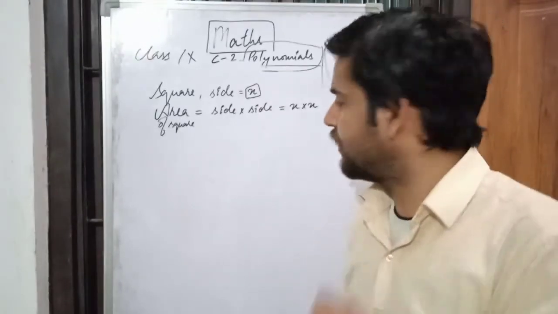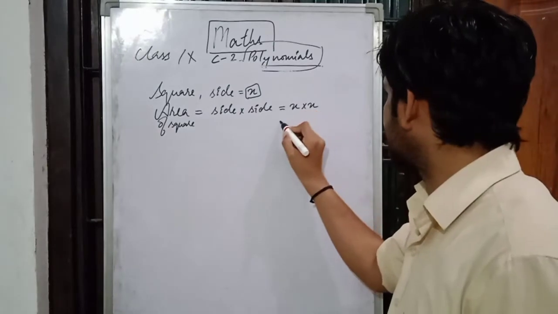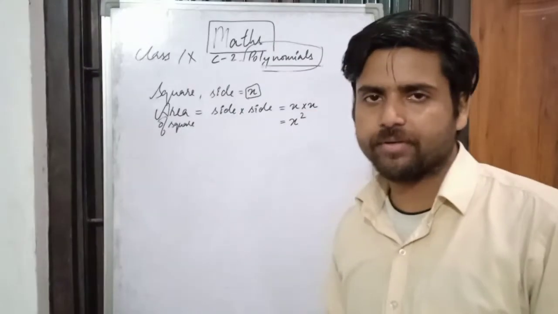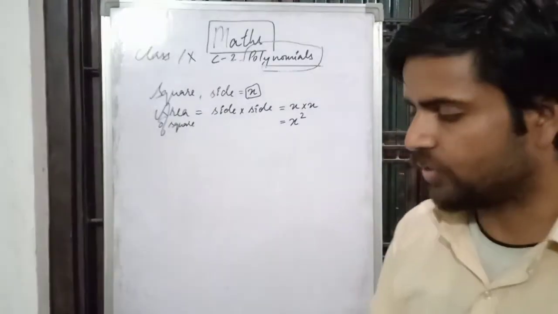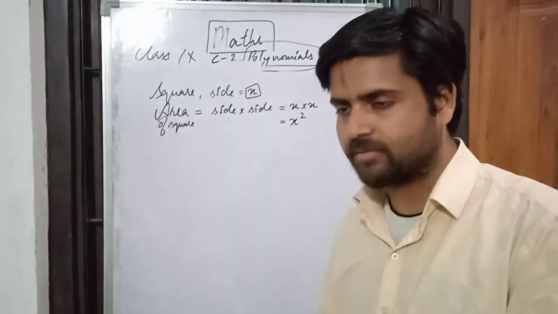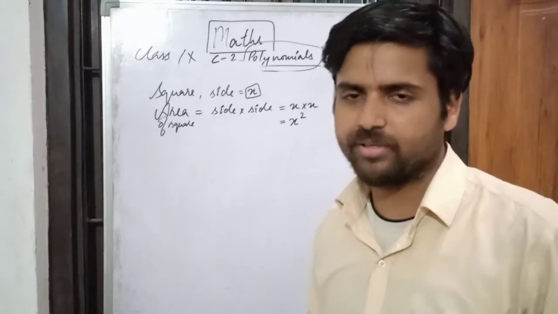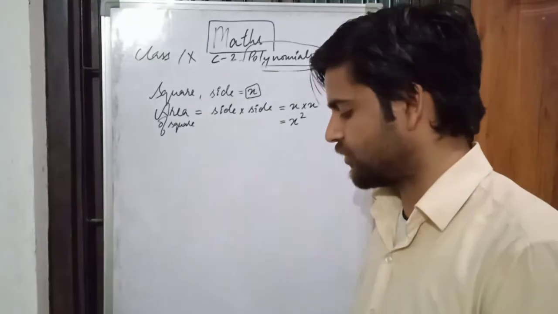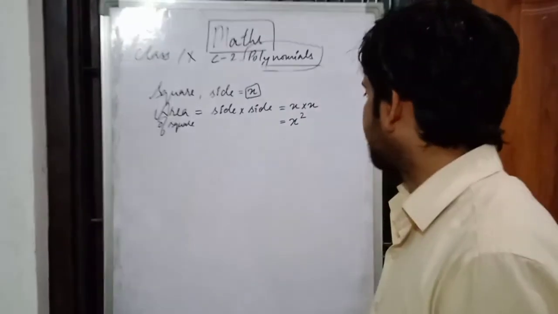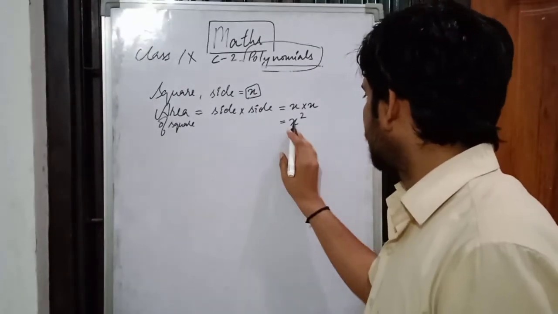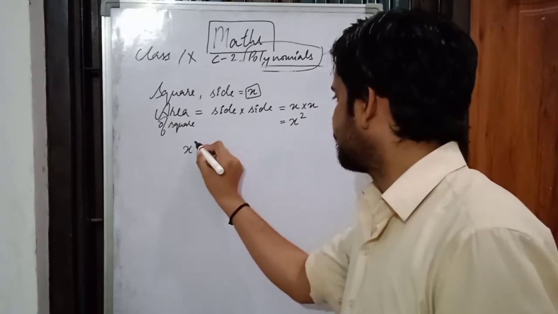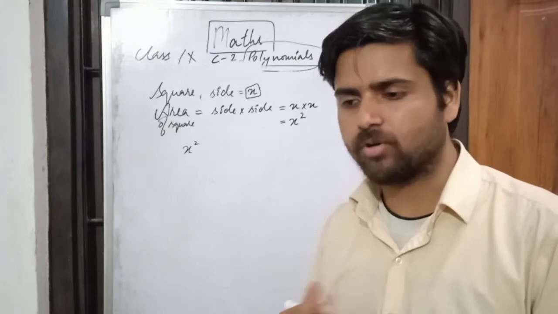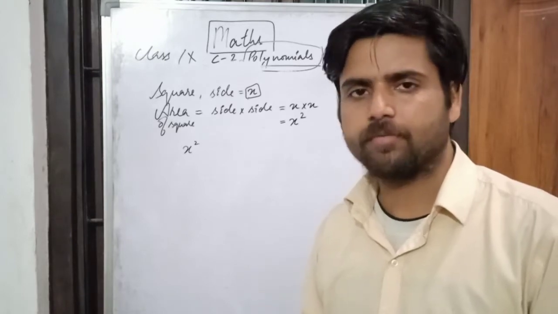So now here can we write x into x as x to the power 2? Obviously we can write. If you don't know, then please go back to class 7 books or you can search on the net. I'm not going to go into that detail. Exponents we have done so many times. Alright. So this x square, you can call it a polynomial.